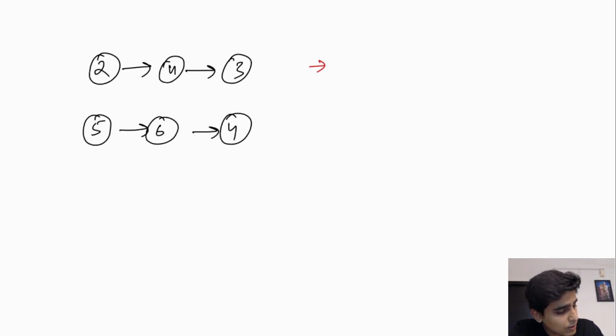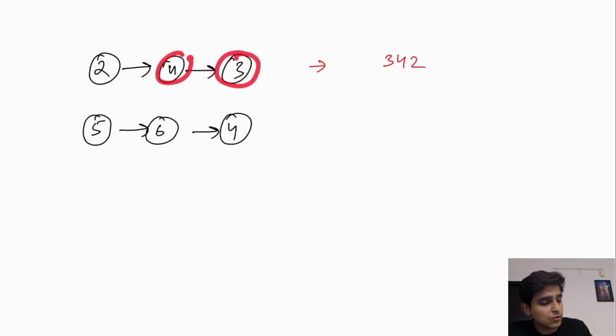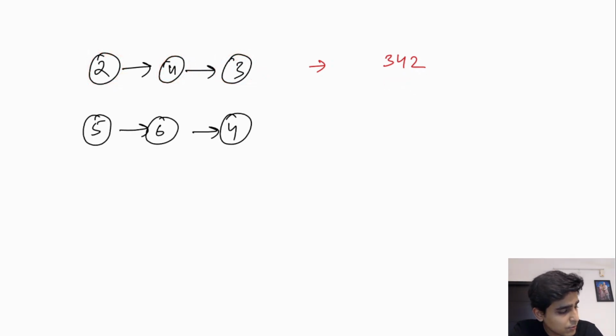This linked list actually represents 342. They are saying that the digits are stored in reverse order. So this is the first digit, this is the second digit, and this is the third digit. That is why it is stored in reverse order.